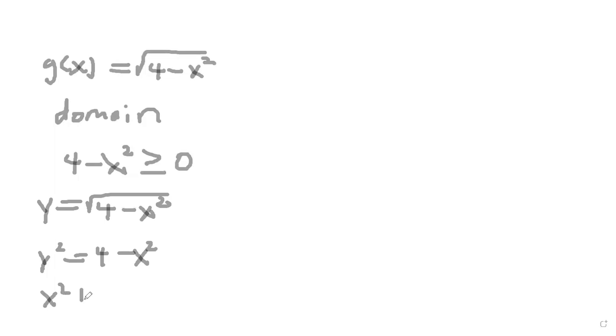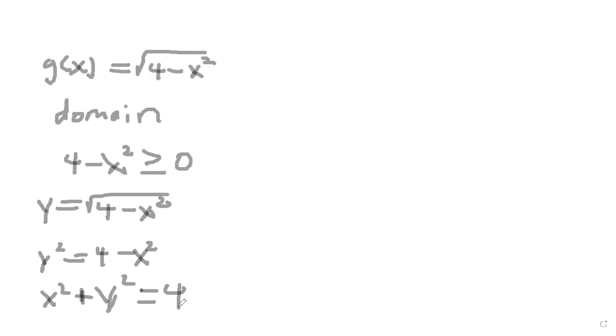We solve it, bring that x squared over, so x squared plus y squared equals 4. So this is basically the equation of a circle. But that doesn't help the situation.